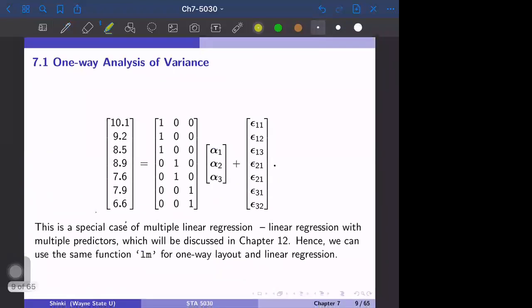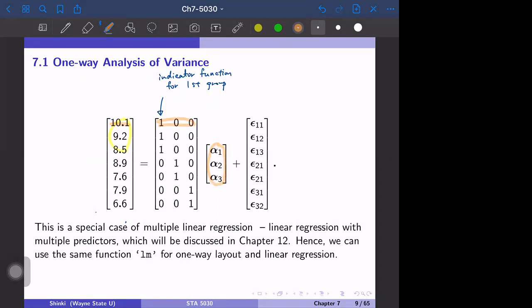Then the matrix representation for this is this. So the first group is here. This first column is the indicator function for the first group. So for example, x11 is 1, 0, 0 times this vector alpha 1, alpha 2, alpha 3.